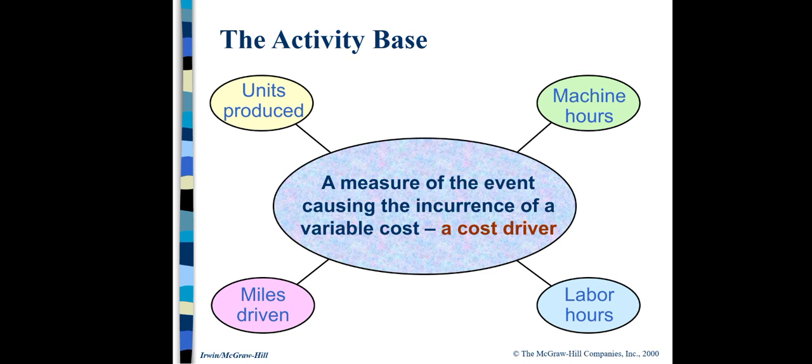Or if we want to pay salary for our labor, we must know how many labor hours they did. Jadi berapa jam dia bekerja, kita bisa menghitung gaji mereka dari labor hours. That's the cost driver for calculating the activity base.